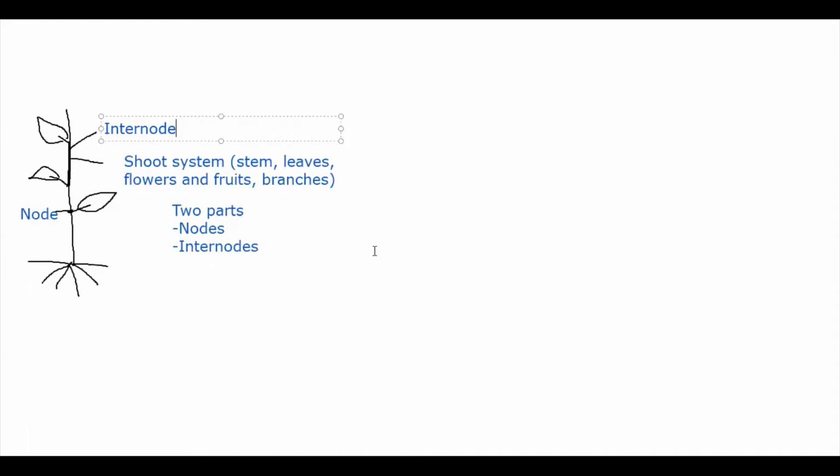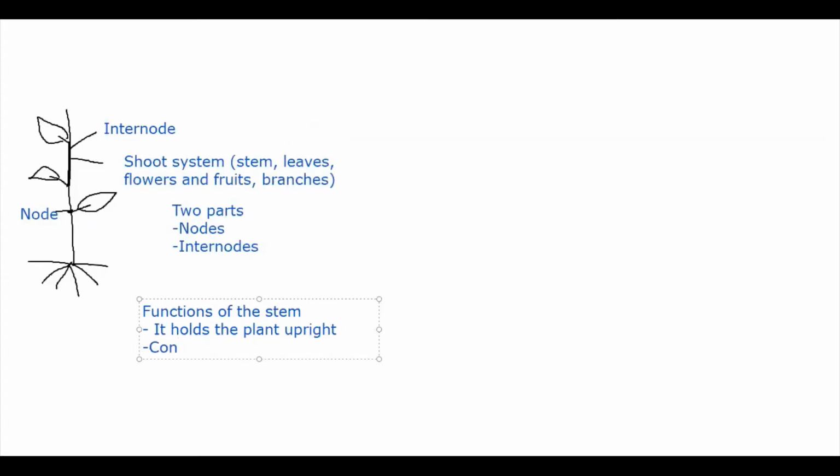Now let's study about the functions of the stem. There are mainly two functions of the stem. It holds the plant upright, and the second one, conduction, that is, it conducts water and minerals to all the parts of the plant that is taken by the roots.